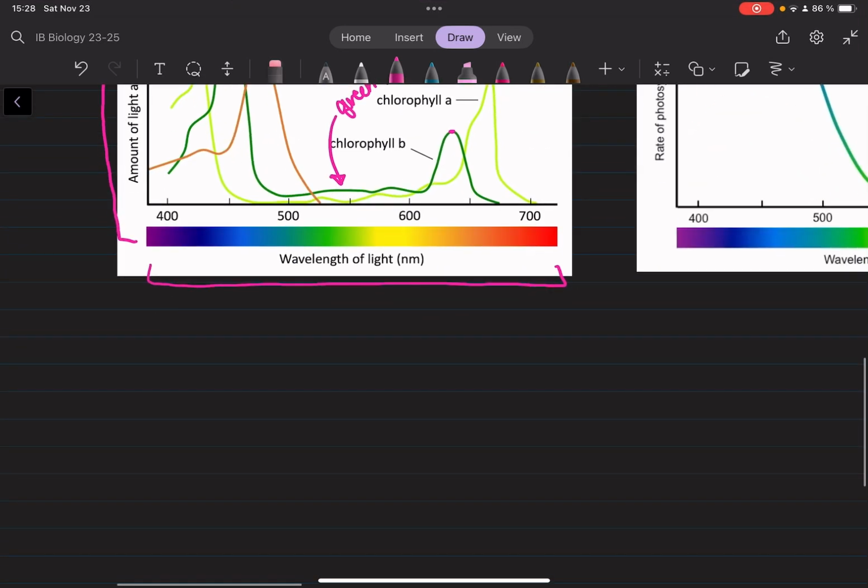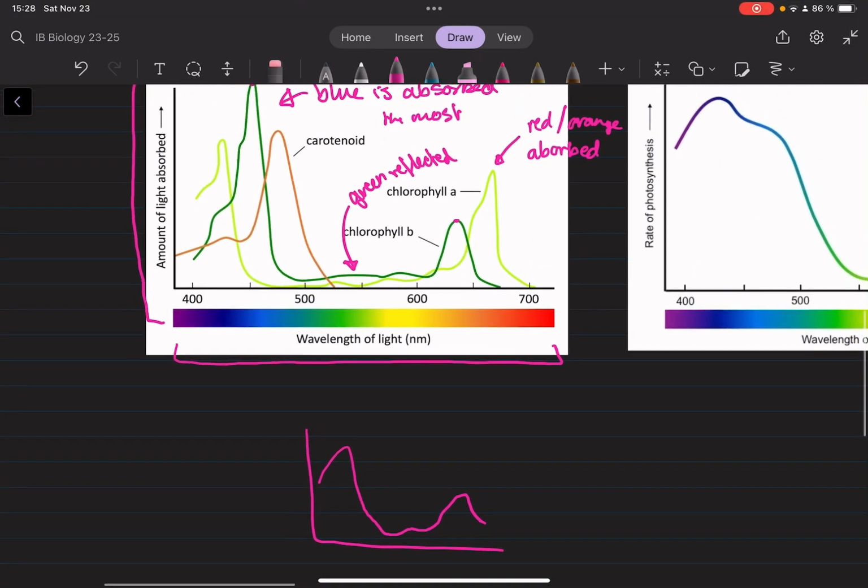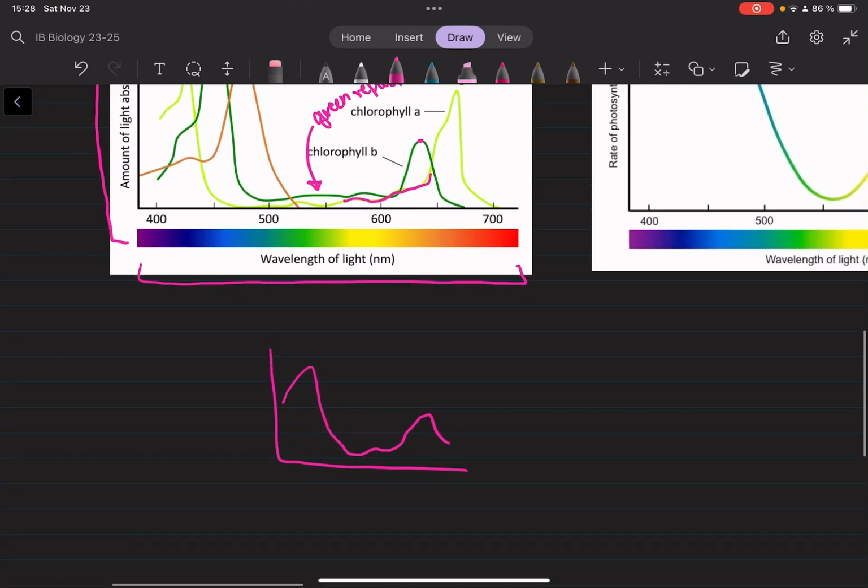So your graph should always look something like this. It doesn't have to be exactly proportional or perfect, but if they ask you to draw it, that's what it should look like. These miniature bumps over here don't matter that much. It's just that you get the general shape right.